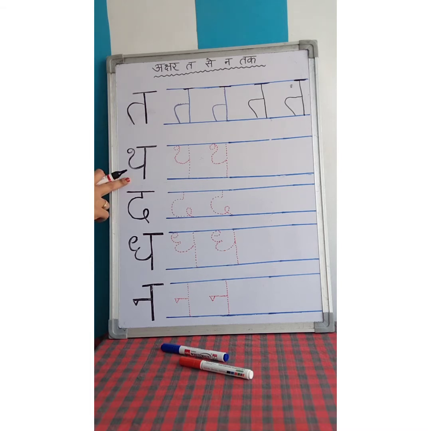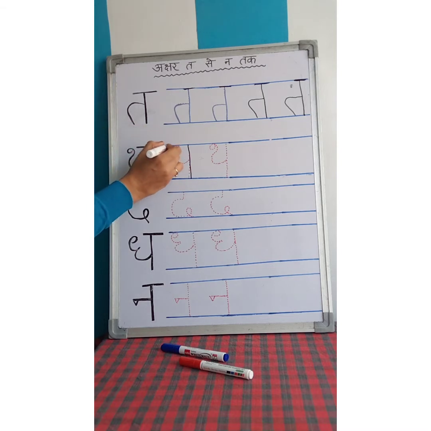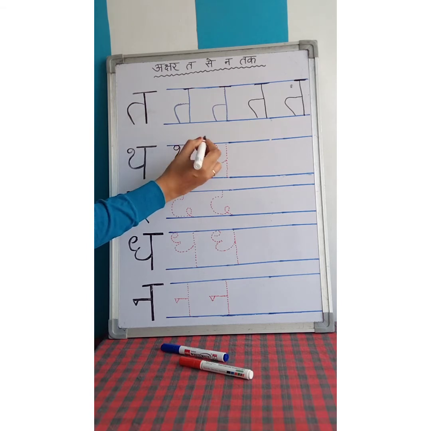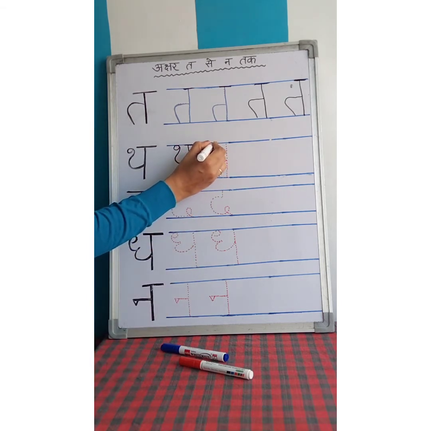Now the next is tha. For tha, first we will draw a standing line. Then we will draw a small circle near the top line of the Hindi ruled copy and then an overhead sleeping line like this, or we can do it the other way around.